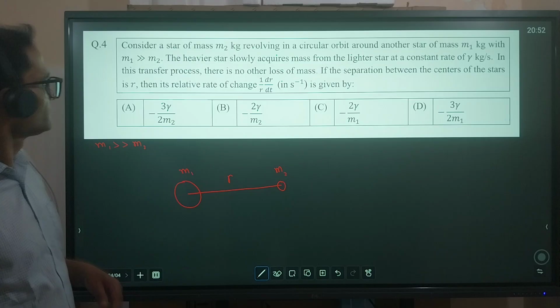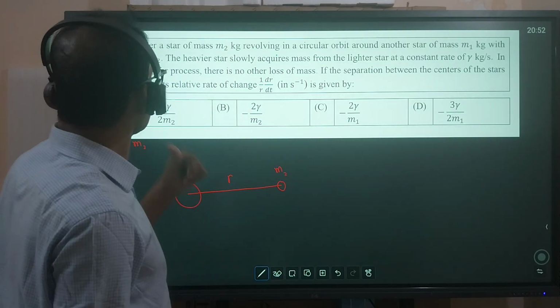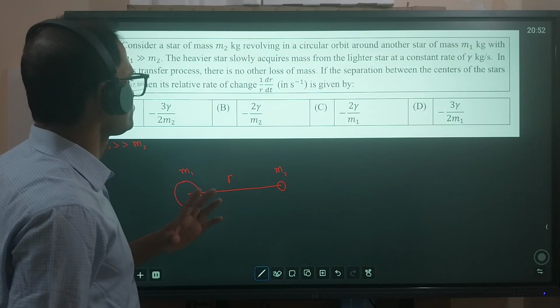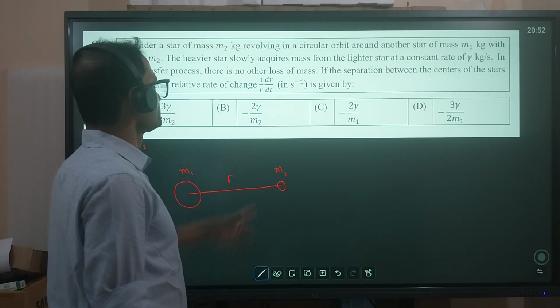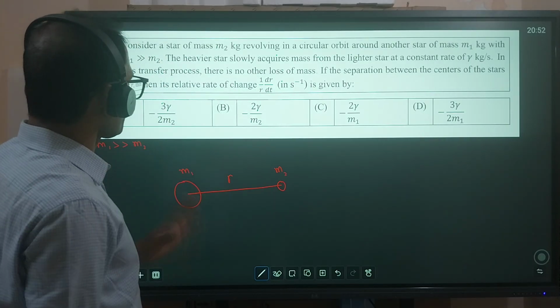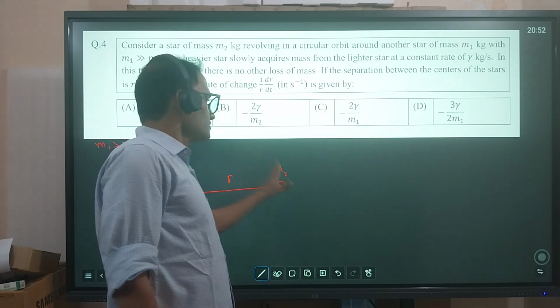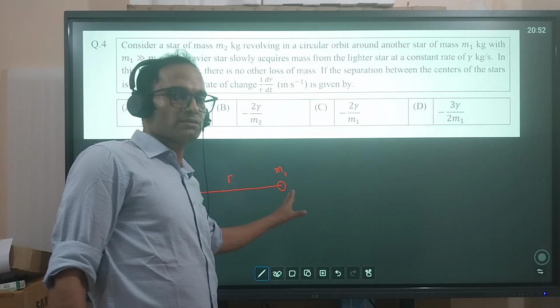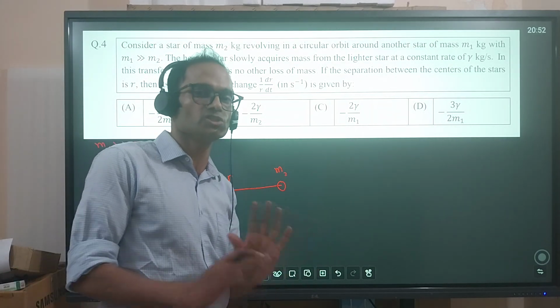It is gaining mass, and because of this mass transfer, this r will change. We have to find 1 by r dr by dt. In the process there is no loss of mass. That means m2 is losing mass, m1 is gaining mass, but total mass loss is 0.